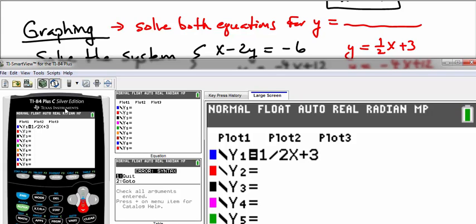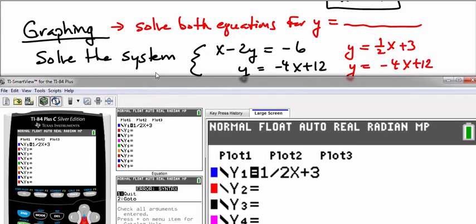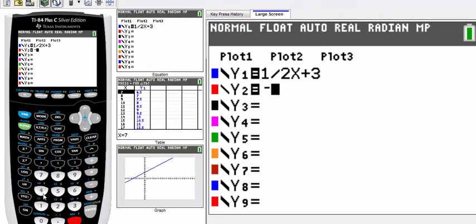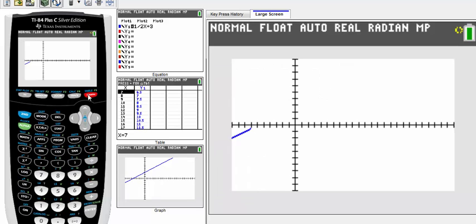Now my second equation was negative 4x plus 12. Negative 4x plus 12. So I'm going to graph them both.